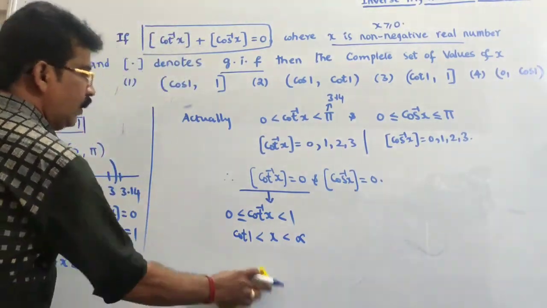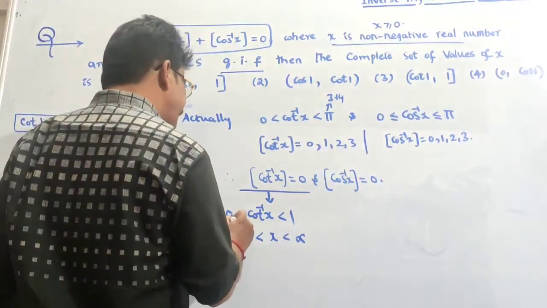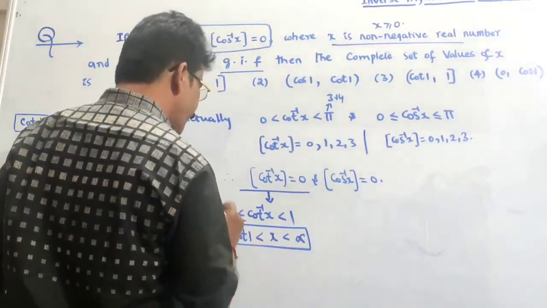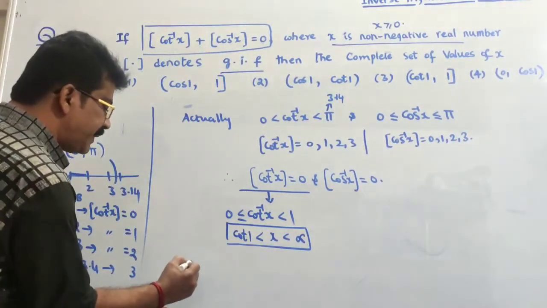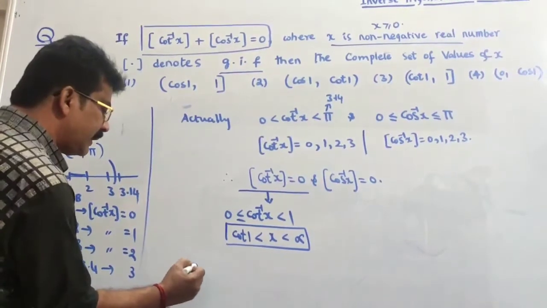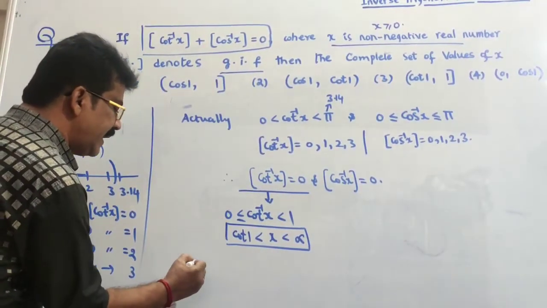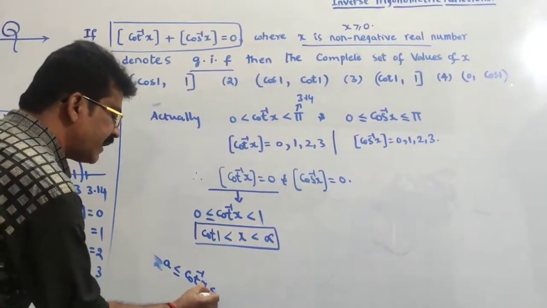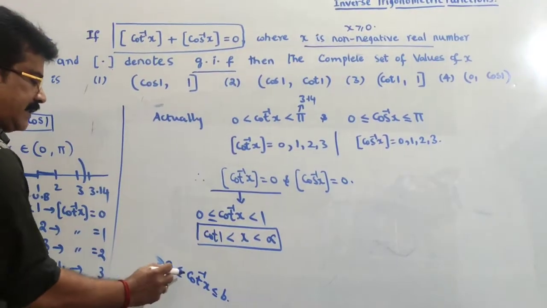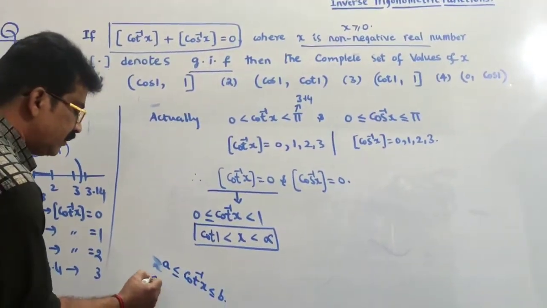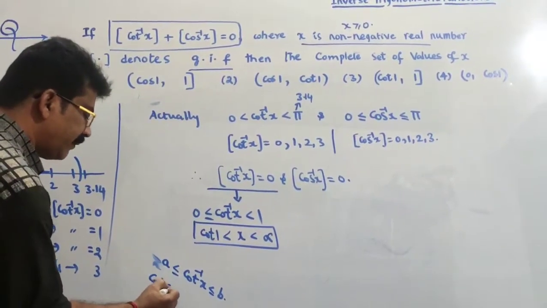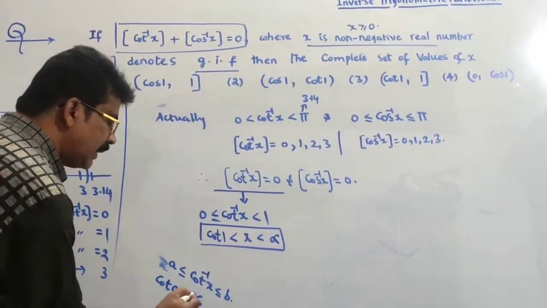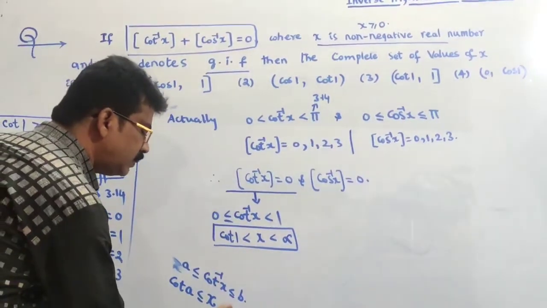Okay, did you understand this step? Actually, I am saying that if a less than or equal to cot inverse x less than or equal to b, this is the statement. Now, generally we write cot a less than or equal to x less than or equal to cot b.